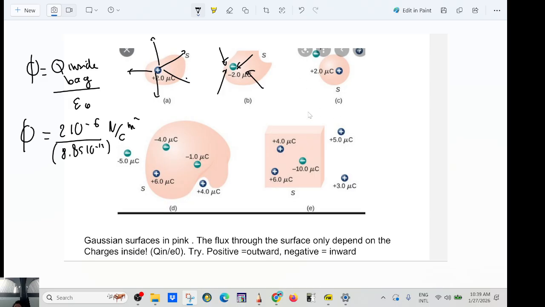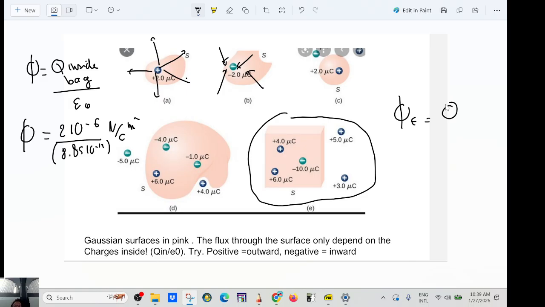So think about it. Let's say this situation, what's going to be the electric flux through that invisible cube? It's a surface, but it's like a cube. The sum of the charge inside. Yeah, so what's the charge inside? 0.